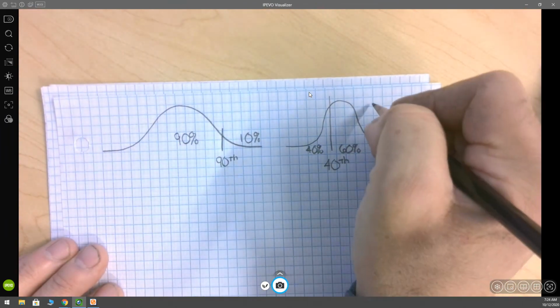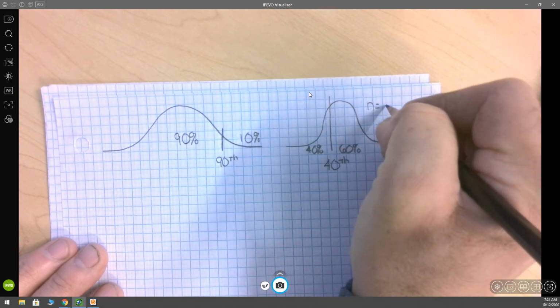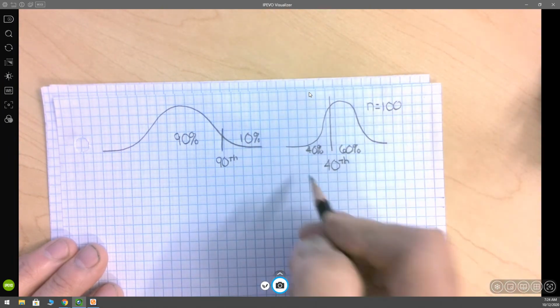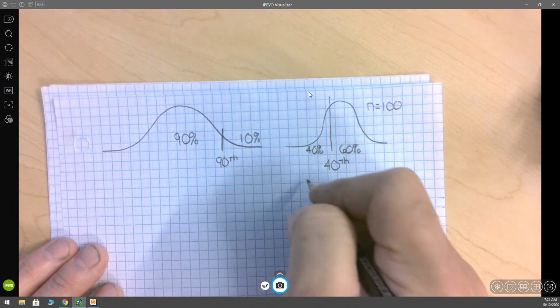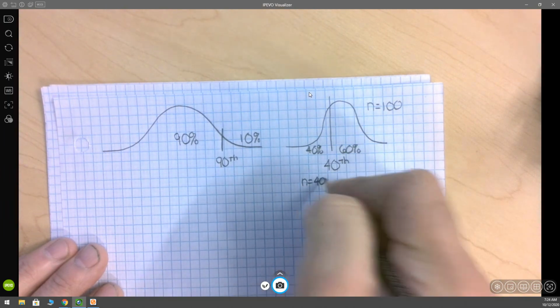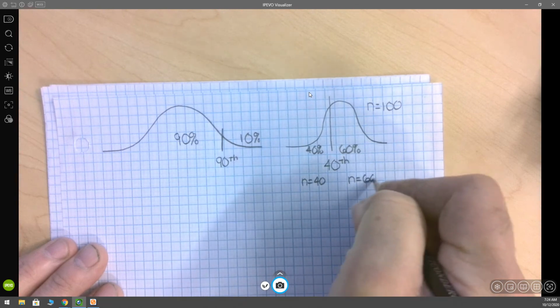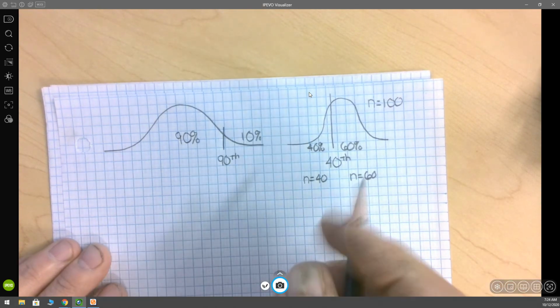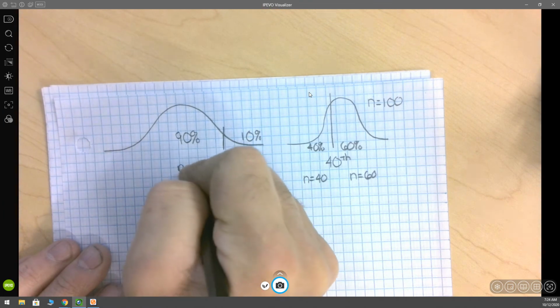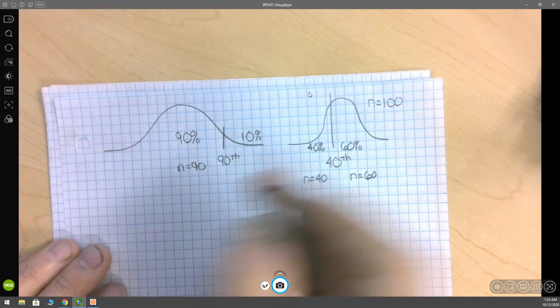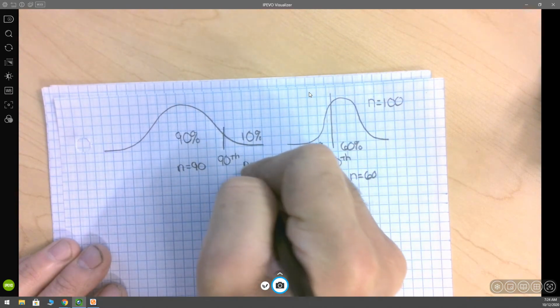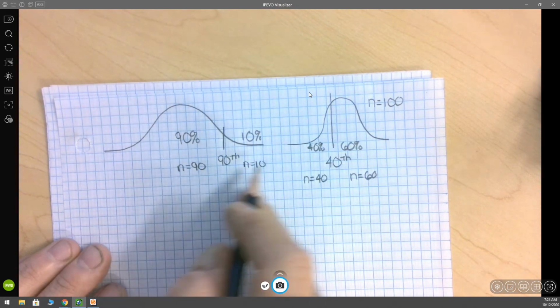So if there were 100 people here, then 40 of them would be to the left and 60 of them would be to the right. Same here. If this were n equal 100, then 90 people, or 90 dots, would be sitting here, right? Because we count by dots in this, and 10 dots would be over here, approximately.